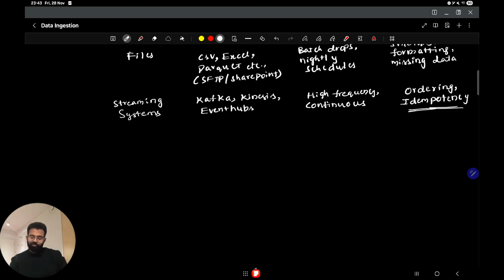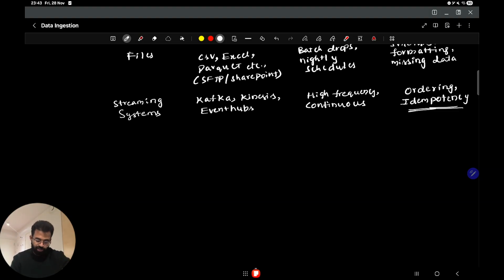This is one of the most common challenges for streaming systems, but I'm not saying it's not a challenge when dealing with other kinds of sources. It's also a huge challenge, and you should always design for idempotency and ensure that there are no duplicates. Once you run the job with the same input, it should always give the same output.